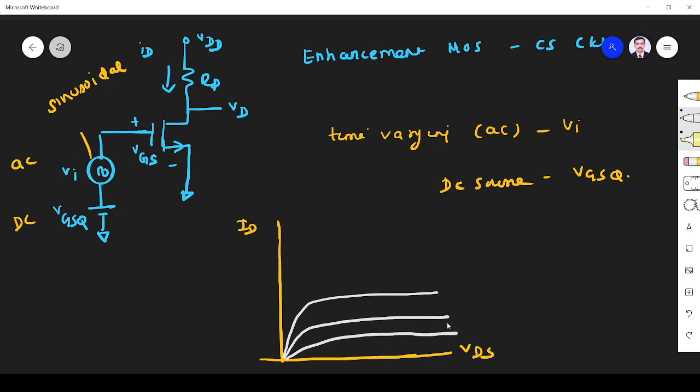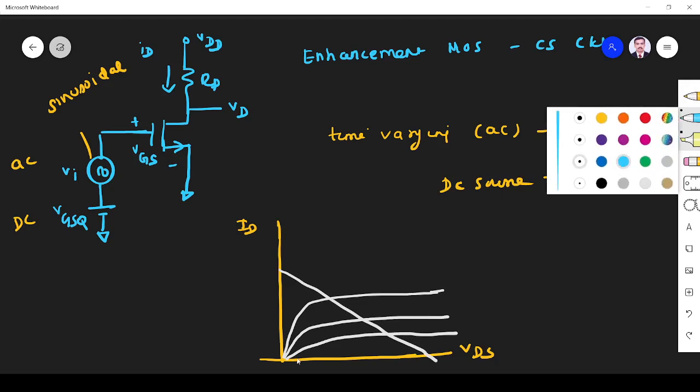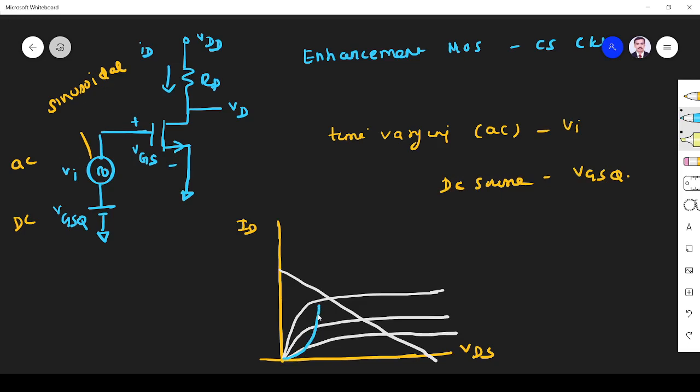This is the low line. Here you see the region of operation. Whatever is coming here is the non-saturation region, which we studied. This is the saturation region, and here are the VGS curves.